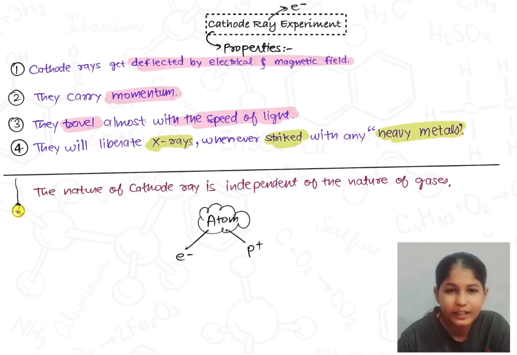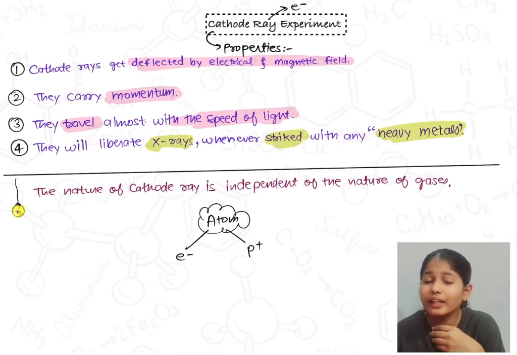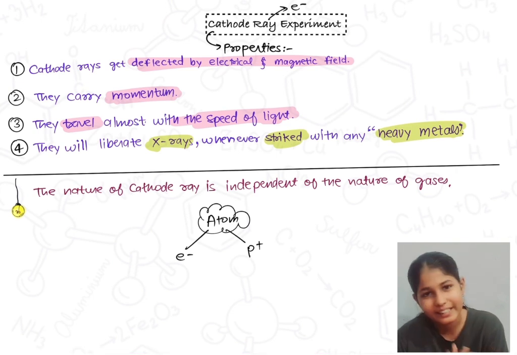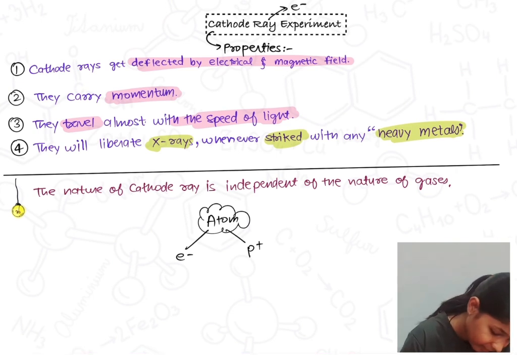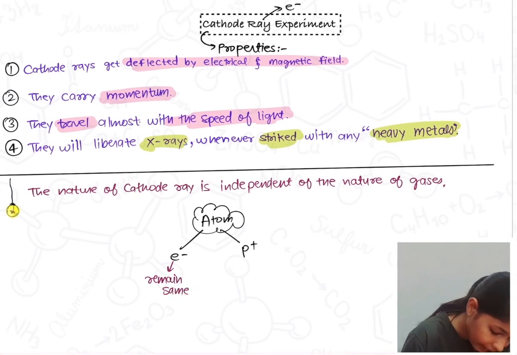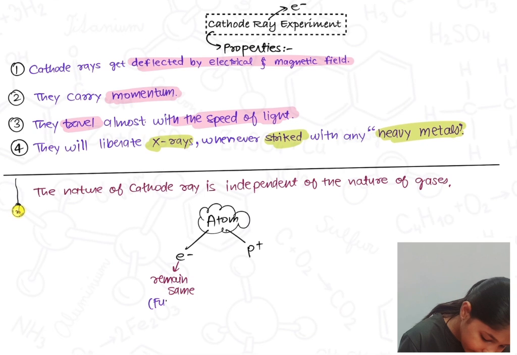So can I say that the electron of any element's atom will be the same? Yes, of course we can say that it remains the same, and I am going to write here: fundamental.